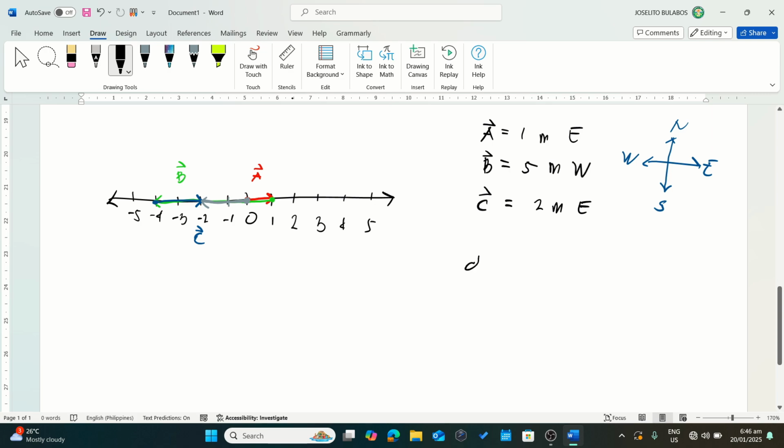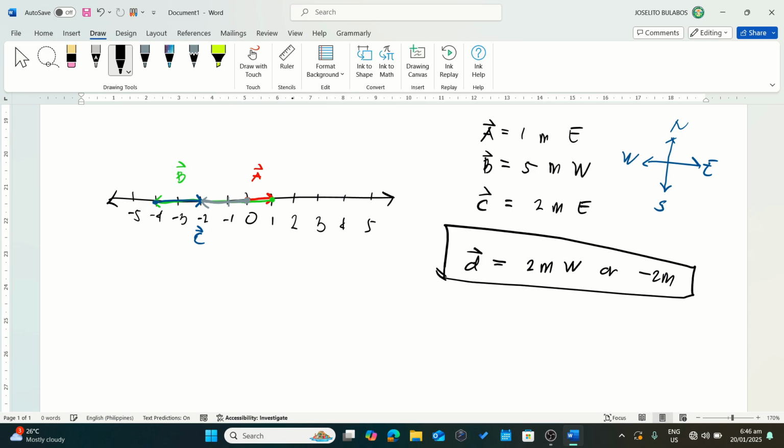The displacement, which is symbolized by this one, is 2 meters due west, or you would say negative 2 meters. Okay, that is displacement.